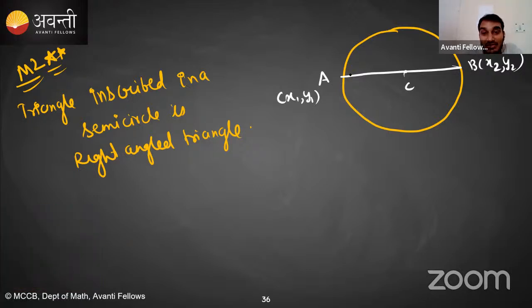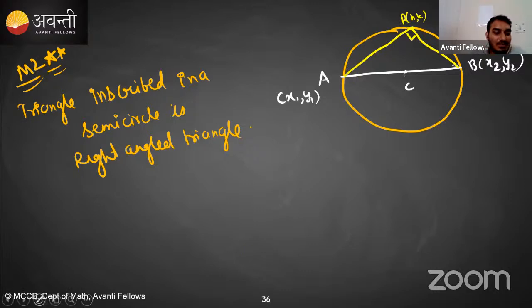So if it is true, let's say there is some point P, (h, k), and we join these two points. The angle should be 90 degrees. It is the locus of a point P which moves such that triangle APB is a right-angled triangle.